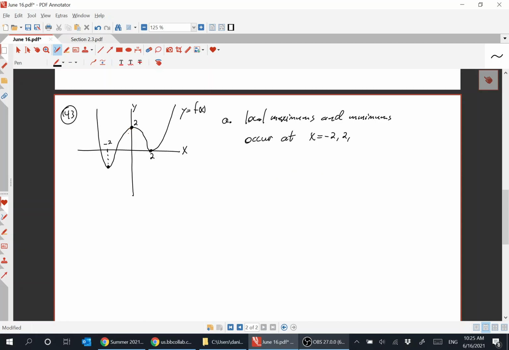So when you say a local maximum and minimum occurs at a certain place, the occurrence is the x value.